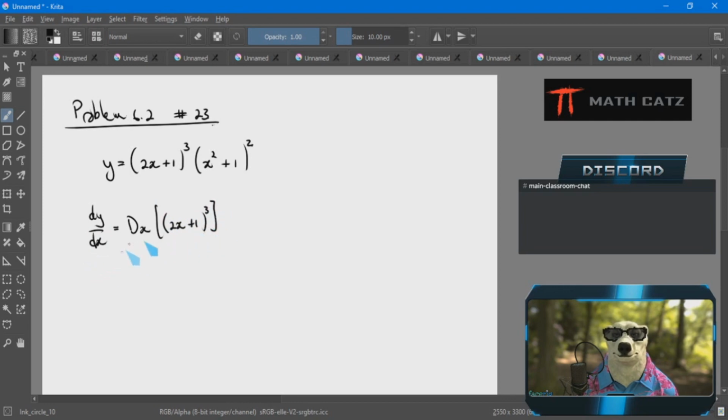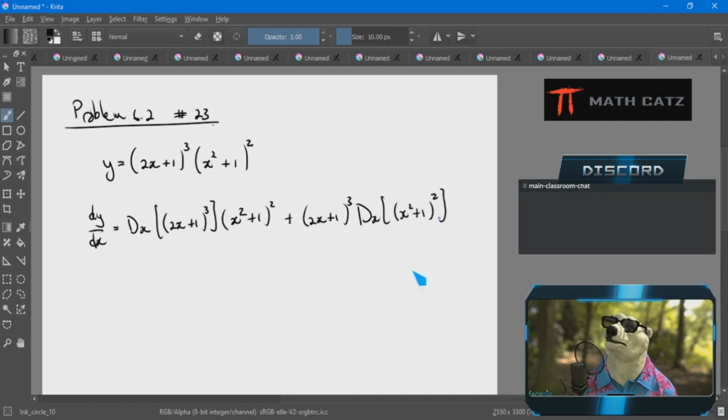I just want to write down what I still need to do. Times the second plus the first times the derivative of the second. I'm not ready for it. I'll look at it later and think what needs to be done. Okay?